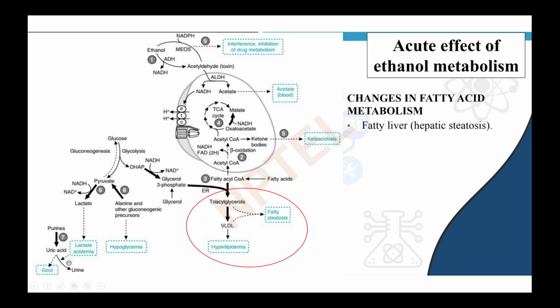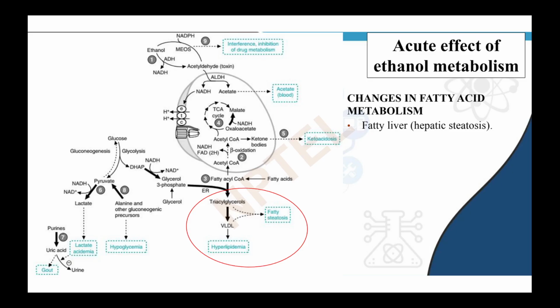Now, fatty acids are getting activated and making fatty acyl coenzyme A, right? So now fatty acyl coenzyme A cannot go towards acetyl coenzyme A, so it will instead go towards triacylglycerol formation, which will lead to VLDL synthesis, which will be basically high amounts of lipids in the circulation.